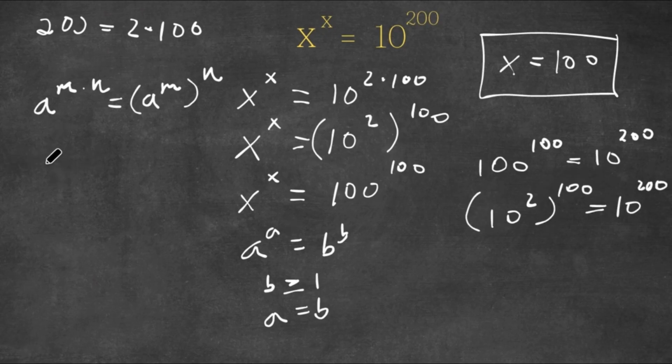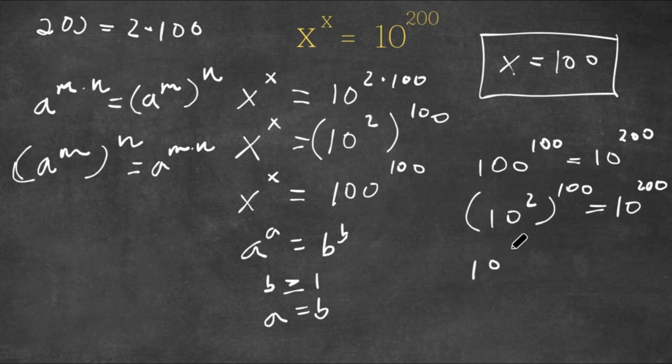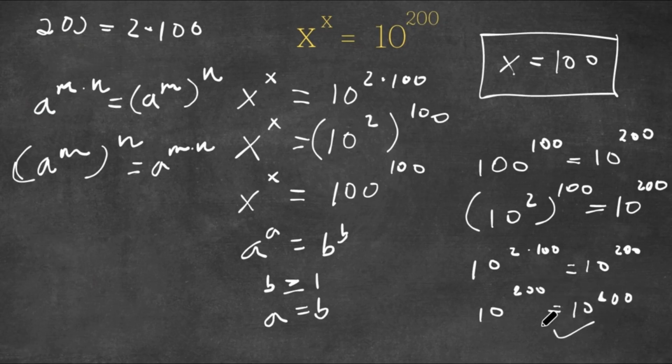And if I have something in the form a to the power of m to the power of n, this is equal to a to the power of m times n. So 10 to the power of 2 to the power of 100 would equal 10 to the power of 2 times 100, and 10 to the power of 2 times 100 is 10 to the power of 200. So we have 10 to the power of 200 equals 10 to the power of 200. Because this is right, we know our solution is x equals 100.